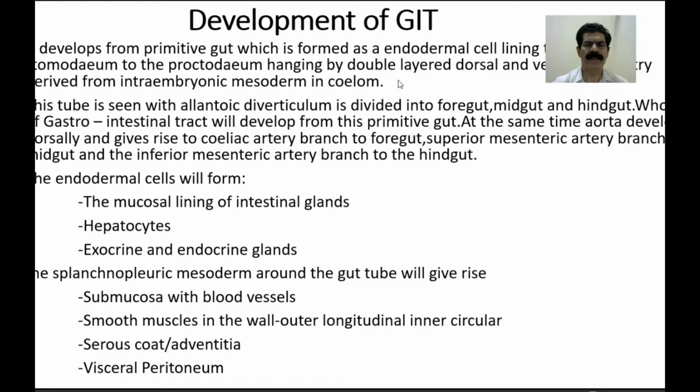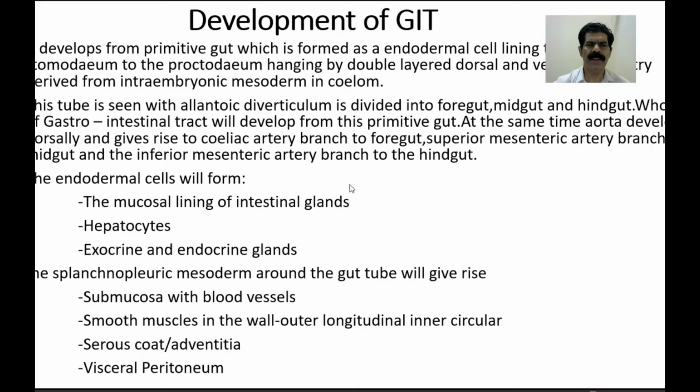So the endoderm goes inside and forms a tube, which is called the primitive gut, from the stomatodeum to the proctodeum, and it is hanging from the mesentery in the intraembryonic coelom.